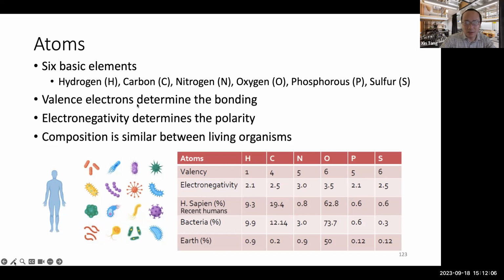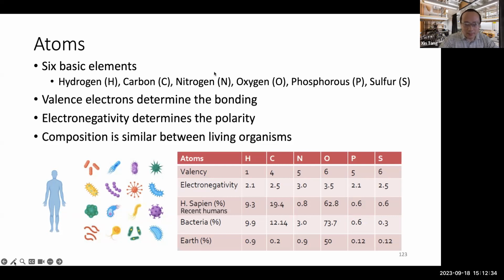Those valence electrons determine the bonding between the elements, and based on the valency and the protons of the element, they have the electronegativity property. That property determines the polarity of the atom, of the element. Okay?